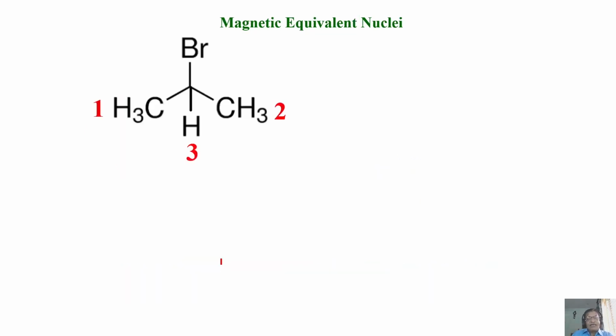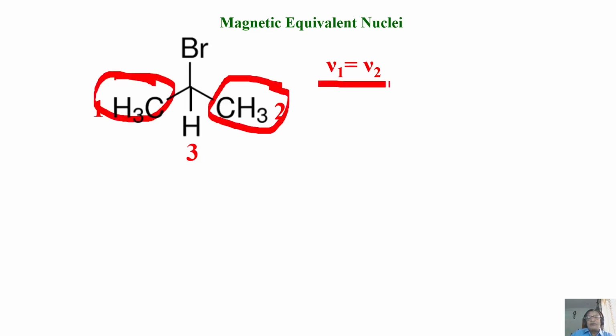Now look at another example. What about this molecule? There is a symmetry axis along this, right? Now chemical shift of 1 is equal to 2. All the CH3 protons are equivalent. Apart from that, the chemical shift of these three protons and these three protons are also equal. Now this is different.